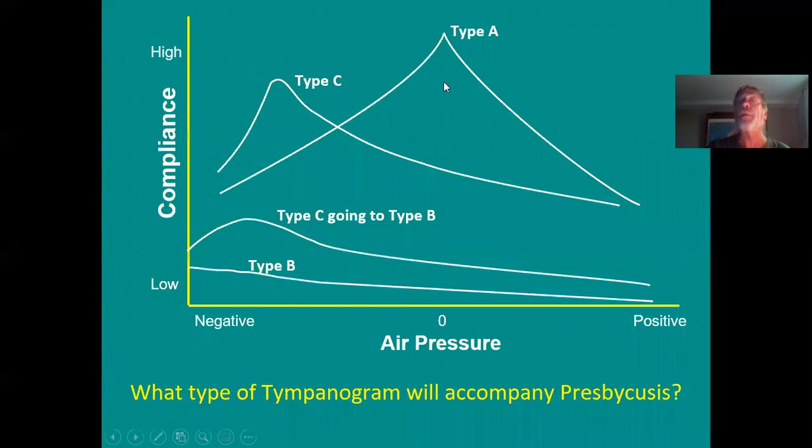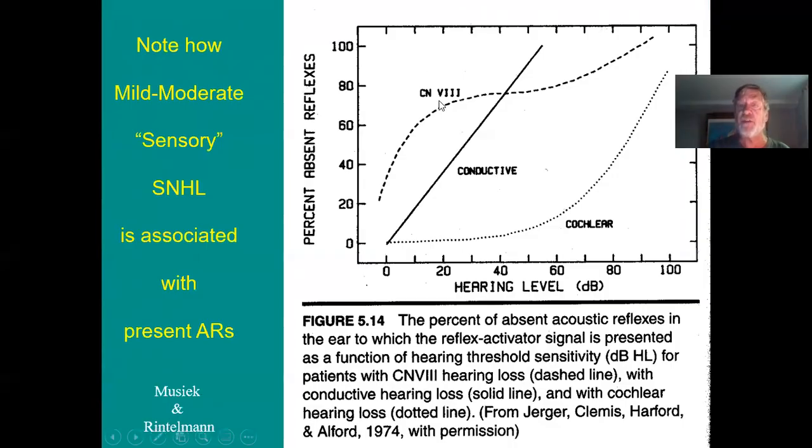You can learn more about that in your audiometry class, but if a person has a conductive loss, you're looking at the straight line here. With any degree of conductive loss, you've got a high absence of acoustic reflexes. Look at the axes.